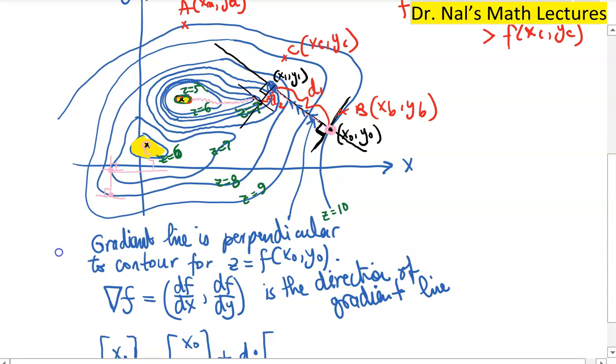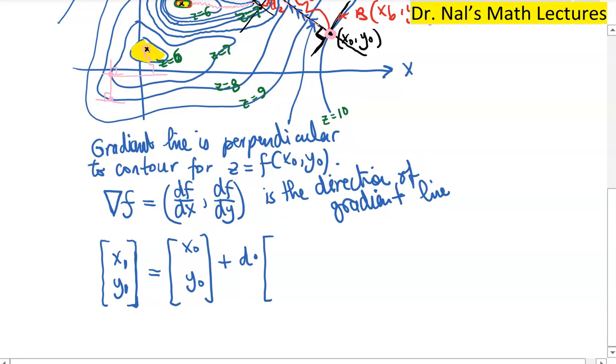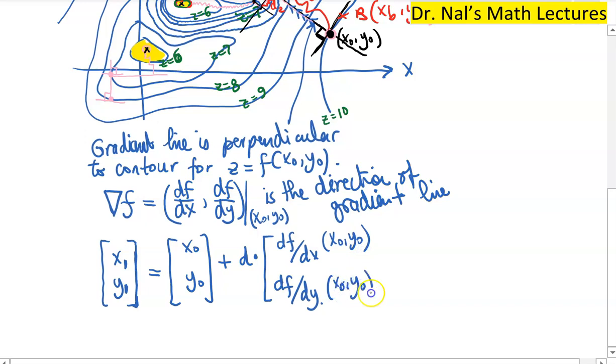So d times the gradient, which is df over dx and df over dy, evaluated at x0, y0. Based on that, we find an optimal one.